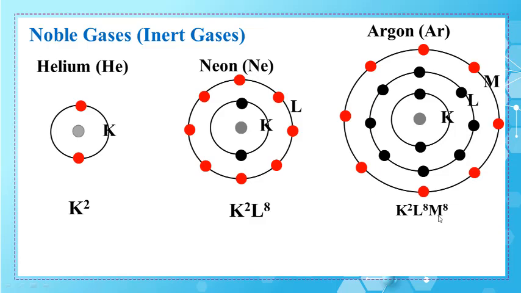What's the number of electrons found on the outer energy level, or the outer shell? For helium, it is 2 electrons. For neon, the outer shell is L, which contains 8 electrons. And for argon, the outer shell is M shell, and it also contains 8 electrons.